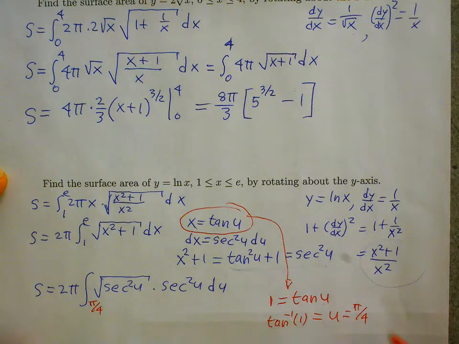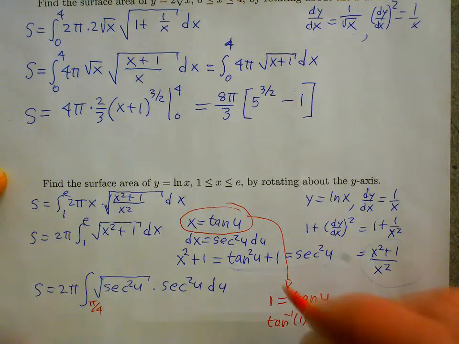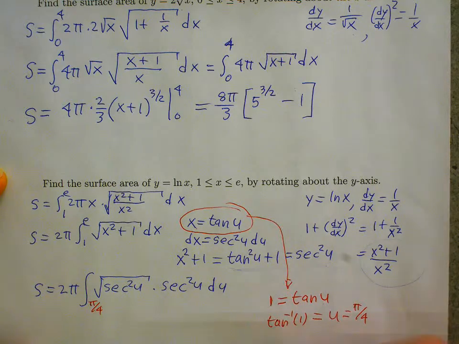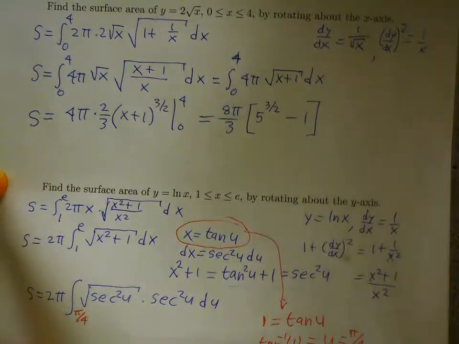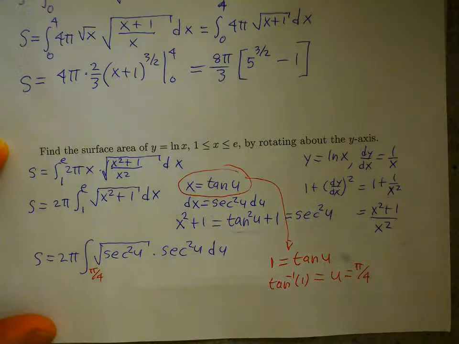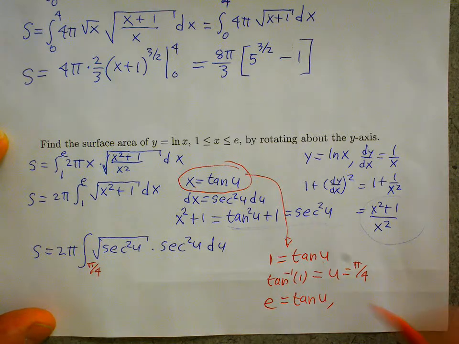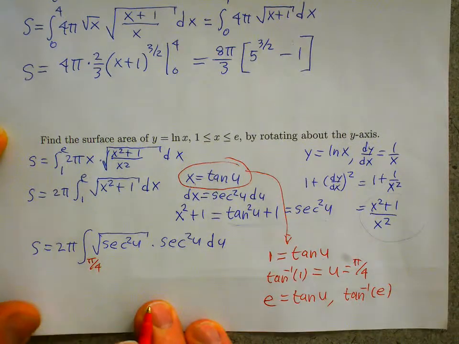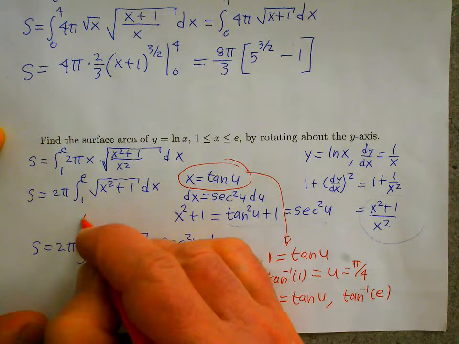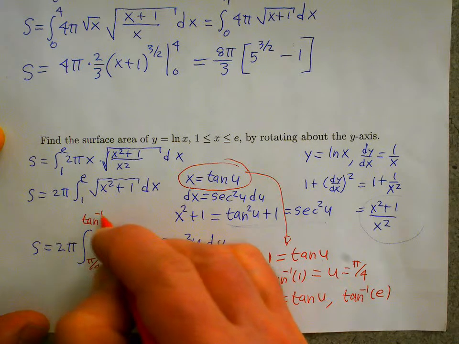So for now, we'll just say since e is equal to tangent of u, we'll just say the upper limit is the inverse tangent of e. And we'll deal with that in a couple of minutes. So the upper limit is the inverse tangent of e.